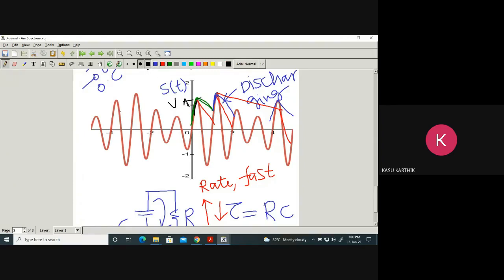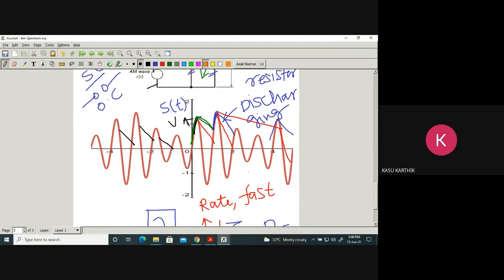It may discharge like this, fast. If the discharging time is more, which means it takes more time to discharge, which means it is discharging slowly, it may discharge like this, slowly.